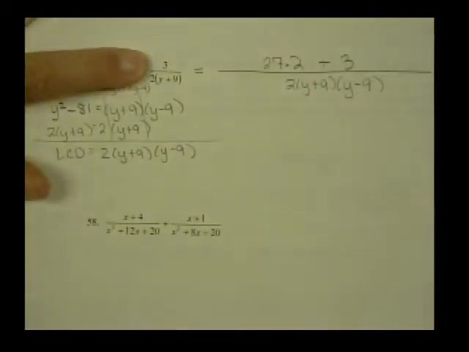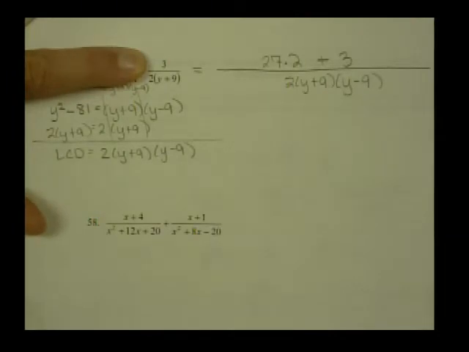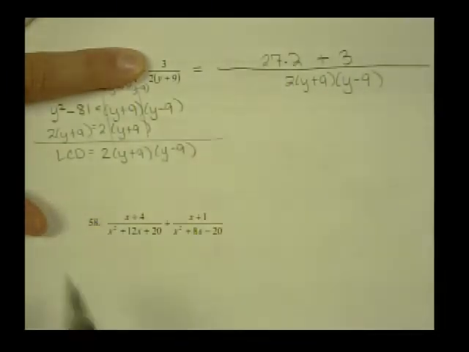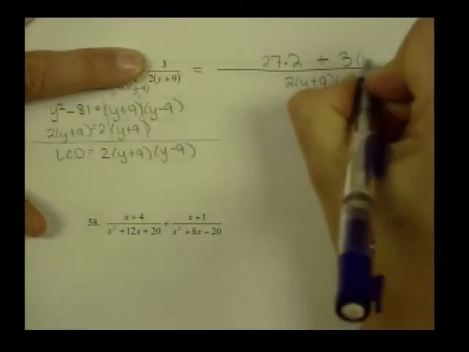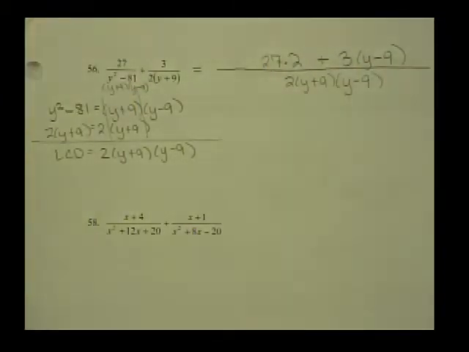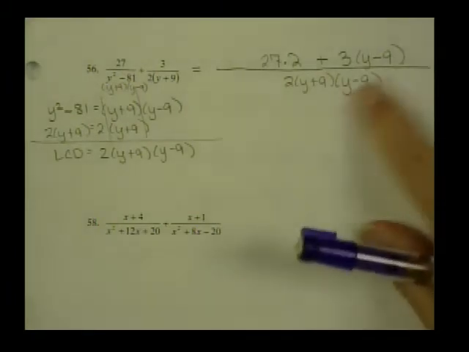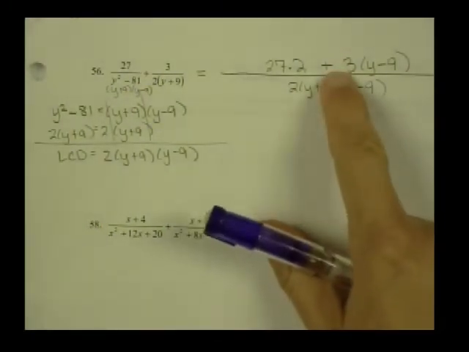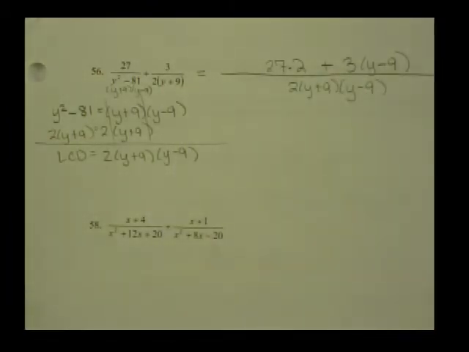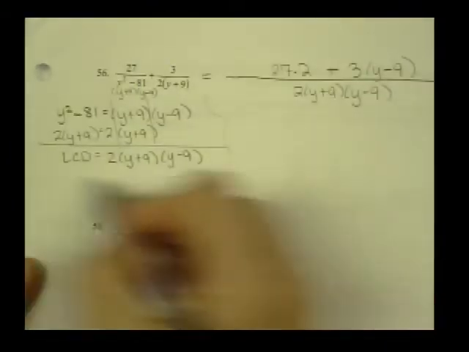3. Okay, so look at that fraction. Is there anything we need to multiply top and bottom by to get it to be over the LCD? y minus 9. Can I cancel the y minus 9s? No, it's not factored because of that plus. That's outside of parentheses. So instead, in the numerator, we have to multiply out.